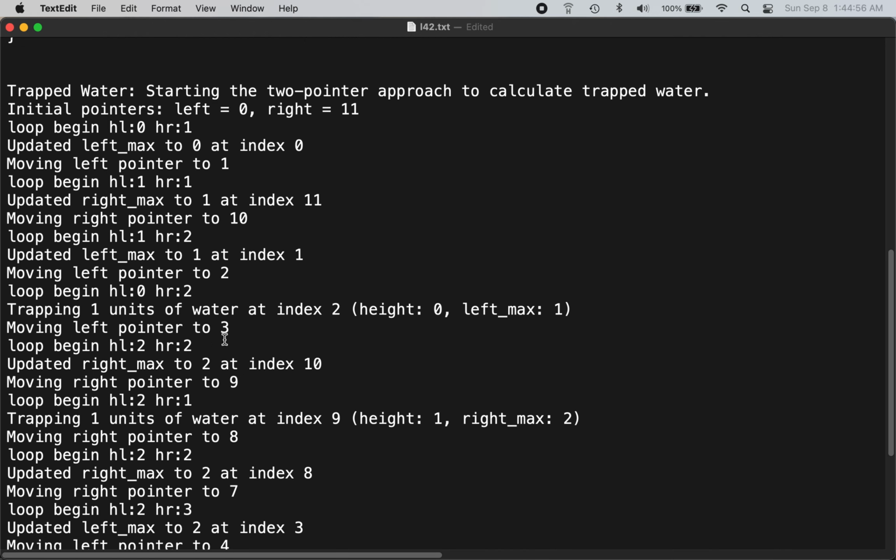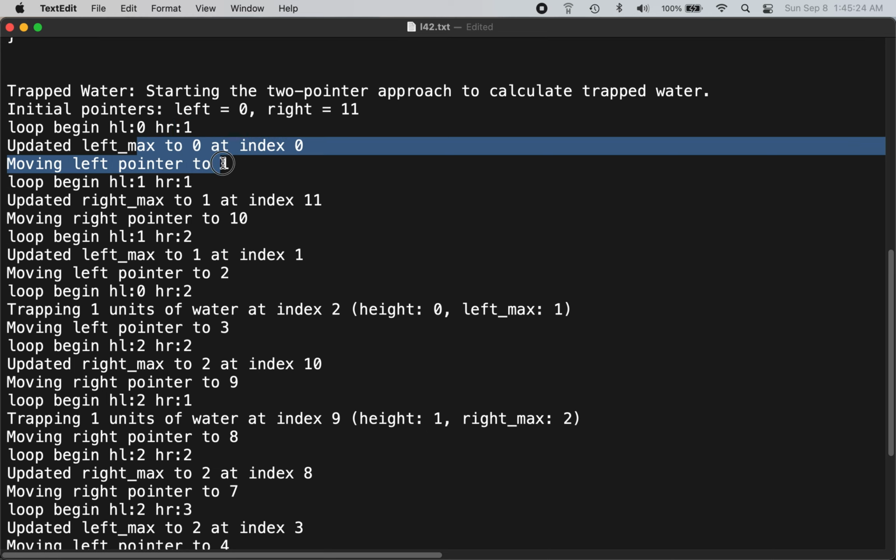You start off with left at 0 and right at 11, and height left is 0 and height right is 1. Actually, the rightmost bar is 1. Because of that, you update left max at index 0, and then move the left pointer.